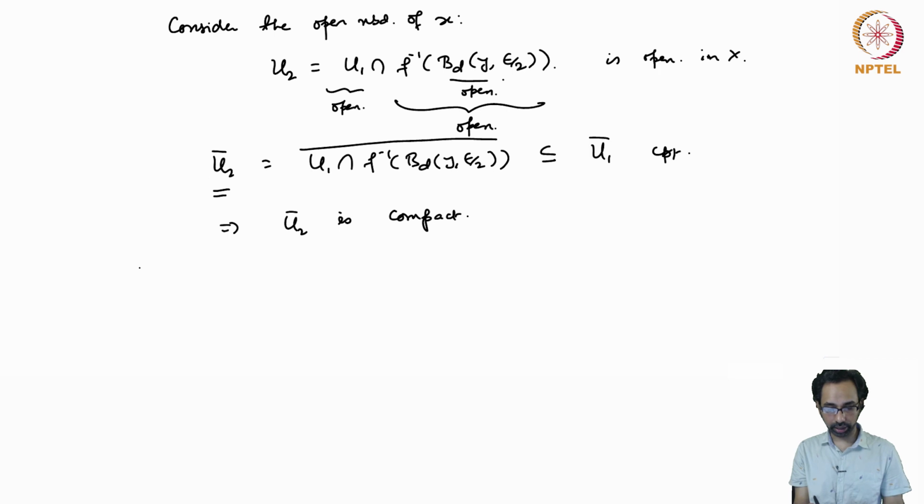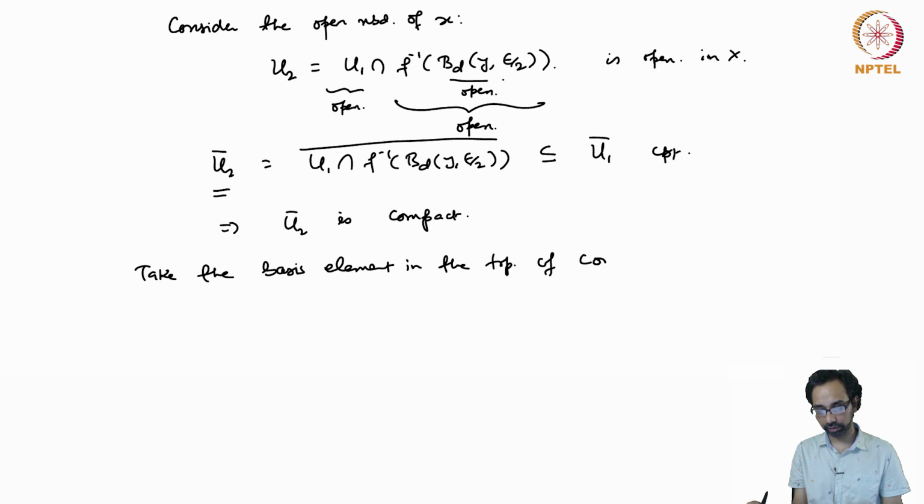So now take the basis element in the topology of compact convergence, which is given by B_C(f, epsilon by 2), where C is equal to the closure of U2.